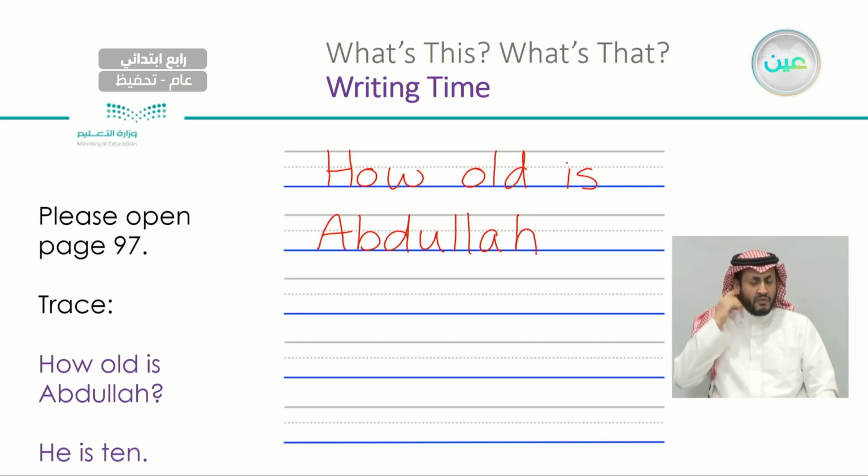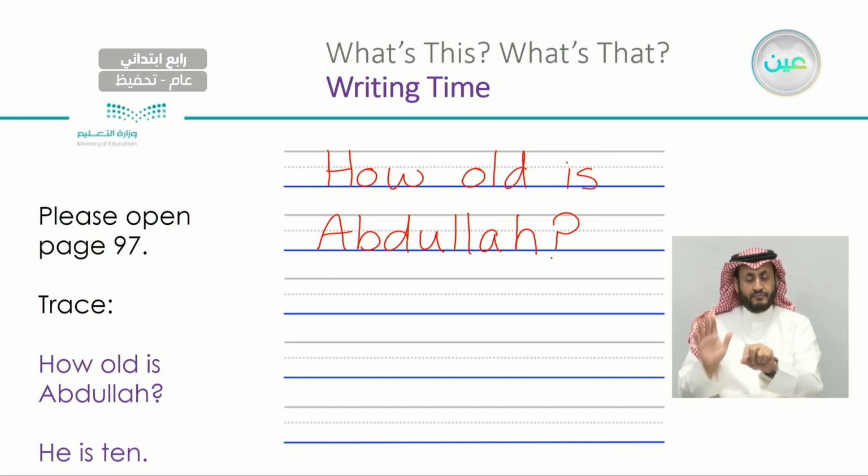A-B-D-U-L-L-A-H. Now this is a question, so the punctuation we use is a question mark. Excellent. So how old is Abdullah?